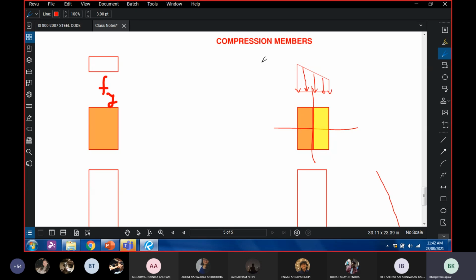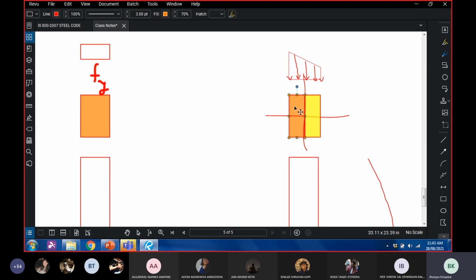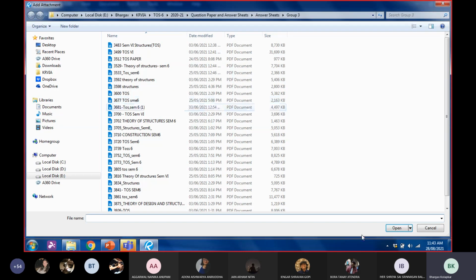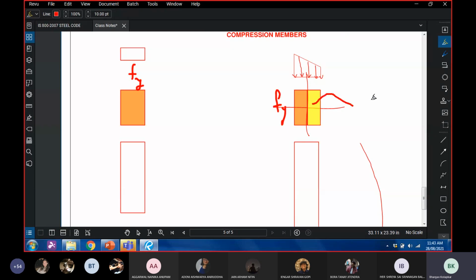So in the same section, some portion has a higher stress, some portion has a lower stress. Some portion might reach yield stress at failure, where the stress here is less than Fy.